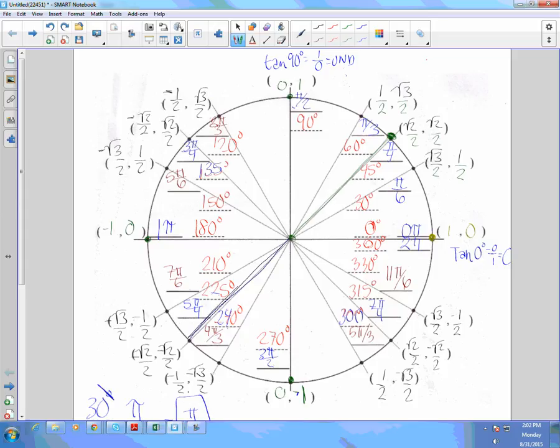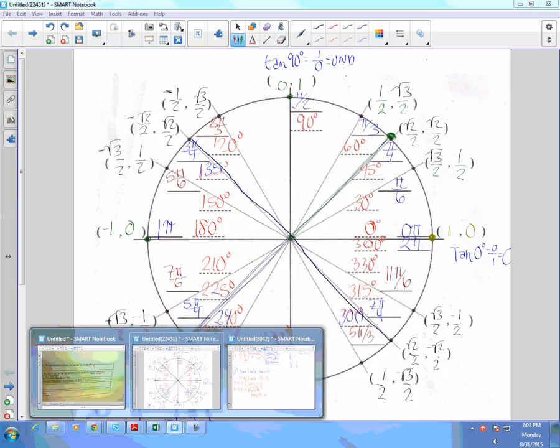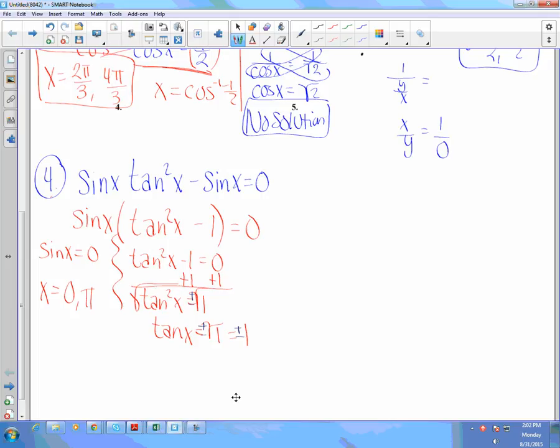Positive slope of 1, all the way through that. Okay, anyone else? Positive or negative, yeah, it can be positive or negative. We want to know the negatives. 3 pi fourths, all the way through to 7 pi fourths.